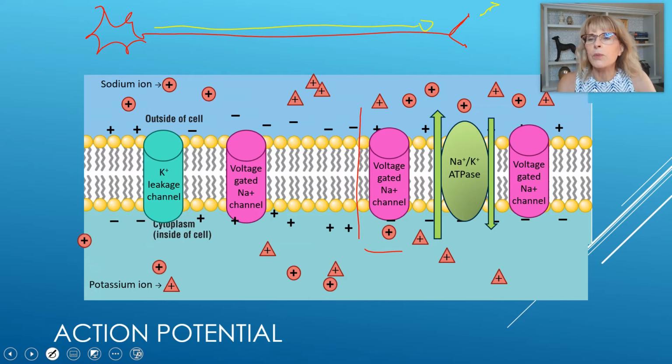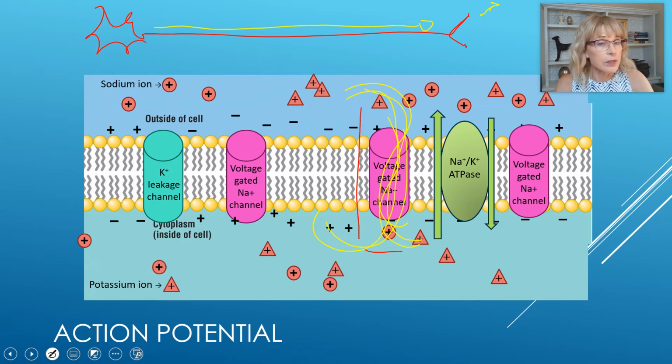Do you see the problem with voltage-gated channels? The problem is that when this voltage-gated channel lets sodium go in, some of the sodium goes that way. So the question is, why is it that the action potential only goes in one direction?